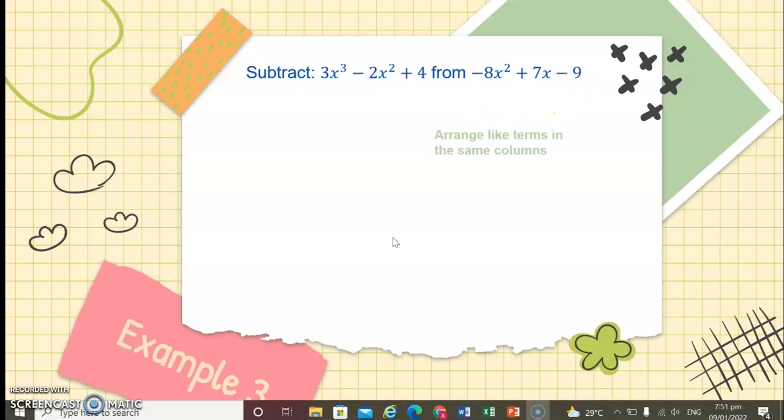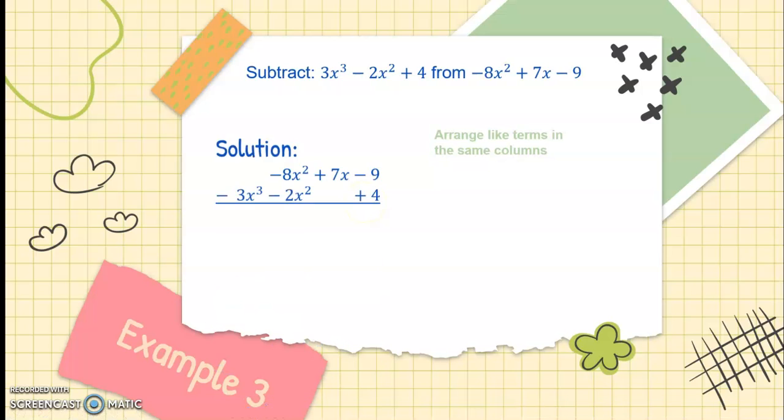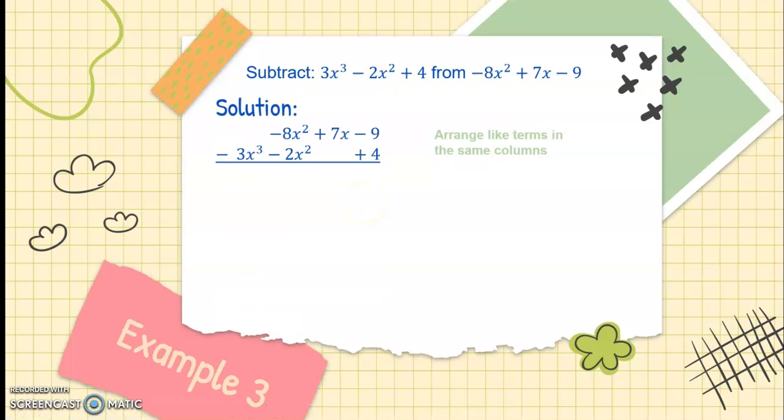So, let's arrange like terms in the same column. Dapat mauna si negative 8x squared plus 7x minus 9. So, we have here our solution. We have negative 8x squared plus 7x minus 9 minus 3x cubed minus 2x squared plus 4. So, gin-arrange ta sa by similar terms.